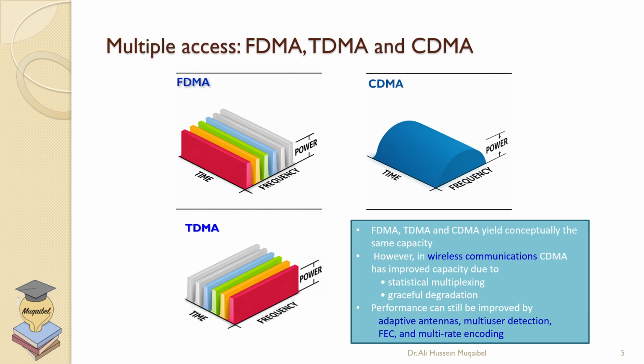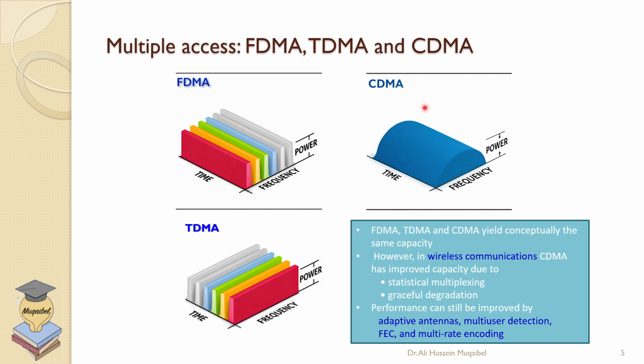Multiple access: we mentioned that we have frequency division multiple access, TDMA, and now we have CDMA, where the entire time and frequency are used by all users, but the power is usually reduced, spreading the signal for all. So FDMA, TDMA, and CDMA yield conceptually the same capacity. However, in wireless communications, CDMA has improved capacity for the following reasons: statistical multiplexing and graceful degradation.